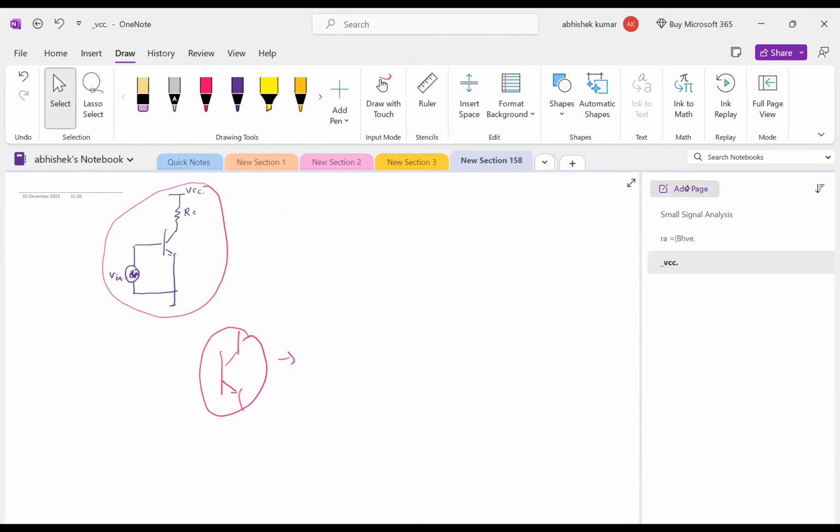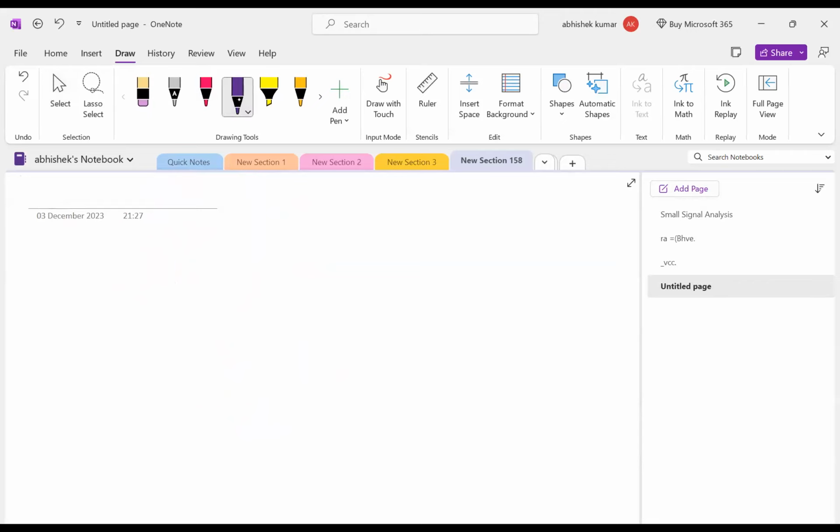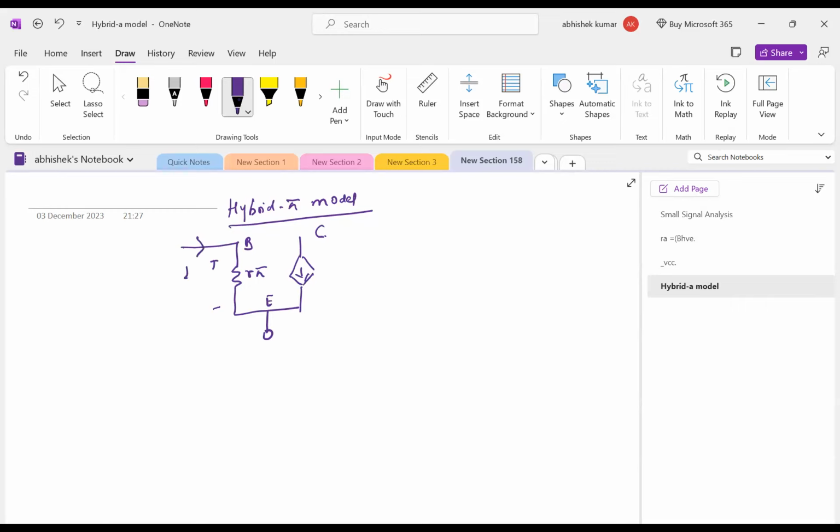We have many small signal models, but first we will learn the hybrid pi model, one of the most common and most important models. Every BJT is represented using this circuit: this is base, this is emitter, this is collector, this is your R pi, where the base current will flow, and this is your GM VBE.